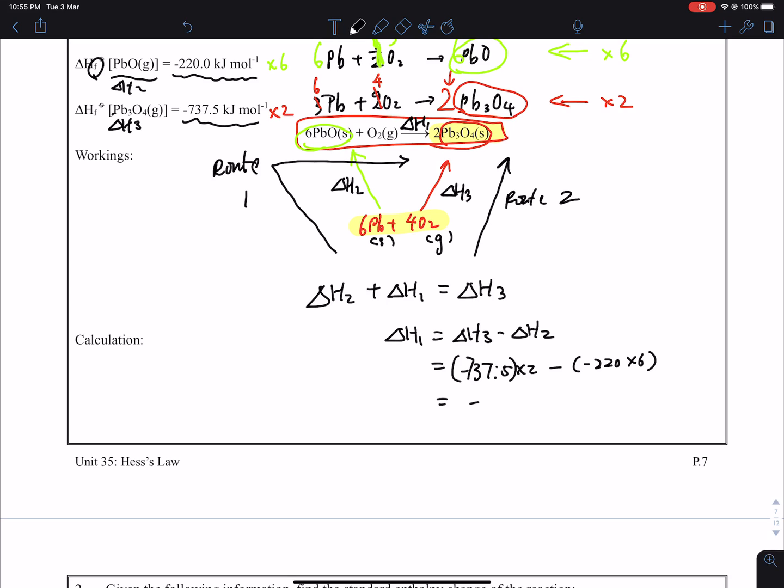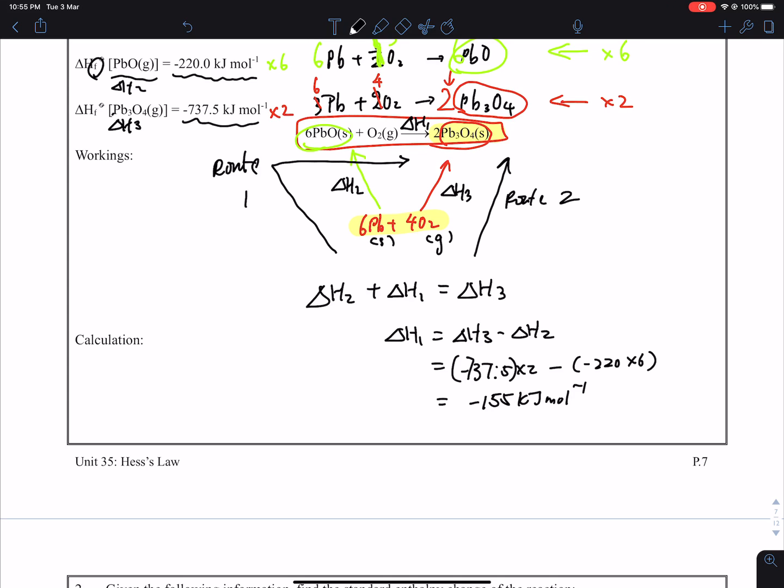So the answer is negative 155 kilojoule per mole. Alright, so this is how we work out the second one.